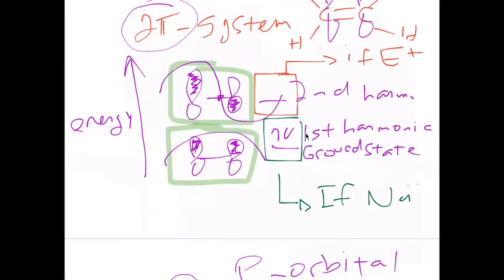Is that right? Based on what you learned in Organic 1, a nucleophile is an electron donor and an electrophile is an electron acceptor. So this diagram is going to tell me how this system will react depending on if it's reacting as a nucleophile or if it's reacting as an electrophile.